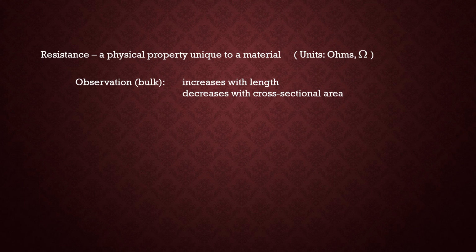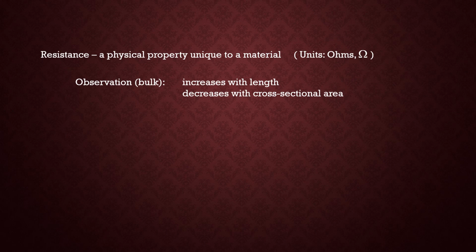So again, think of a rectangular block and voltage applied across the narrow ends of the rectangular block. As the block gets longer, the measured resistance would go up, the current would go down, obviously. And as you increase the cross-sectional area, the current would go up, and so the resistance would go down.